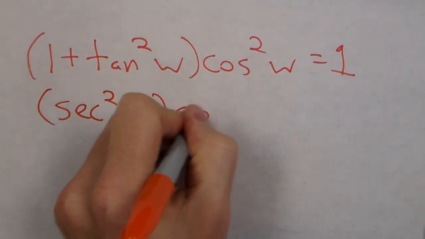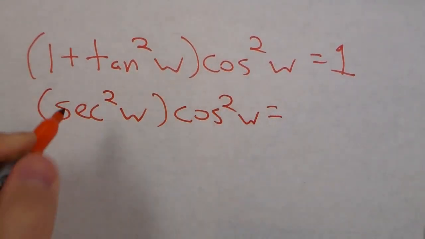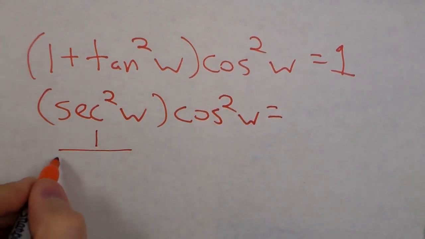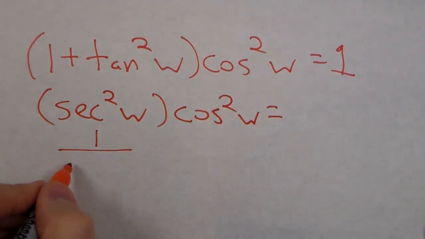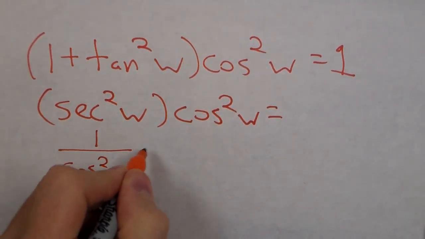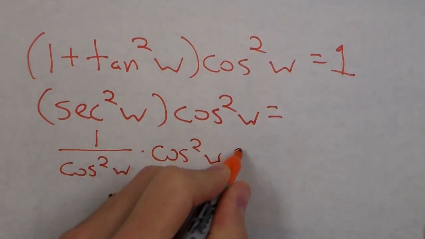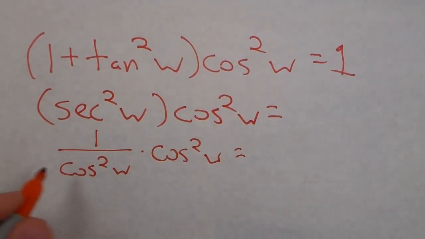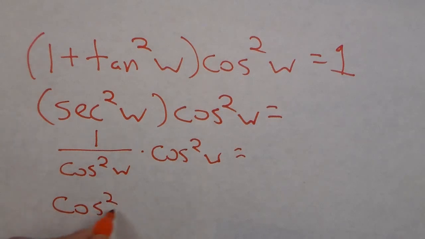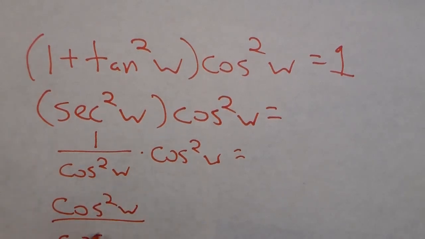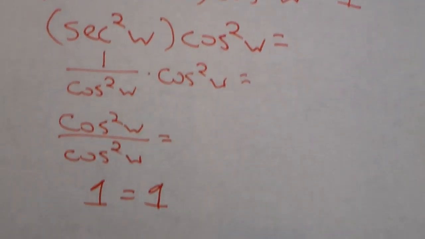So secant squared w times cosine squared w. Secant is a reciprocal of cosine. So now we have this statement, which is actually looking pretty good if we look at our eventual goal, because these can become one fraction. And that turns out to be that 1 is equal to 1, and there's our proof.